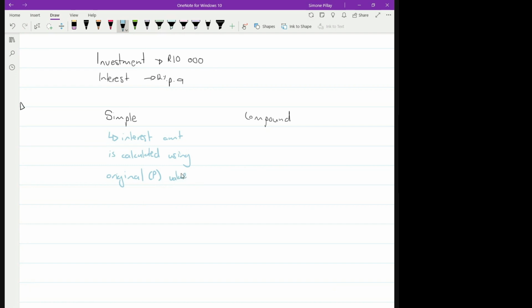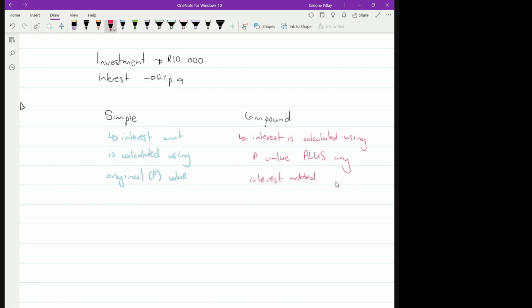So every interest amount that you earn is going to be calculated using the original value. With compound interest, your interest is calculated using your P value, so your original value, plus any interest that's been added so far.